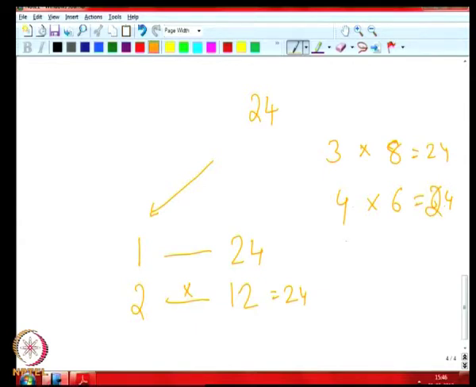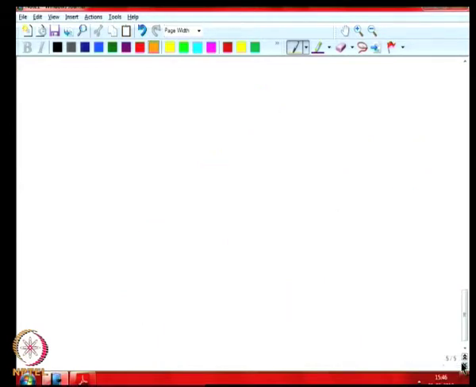Now the point is, if any number d divides 24, then 24 by d also is an integer and divides 24. So, in general, if d divides n, then n by d is a positive integer that divides n. We can say that if d is a divisor, n by d is a divisor.